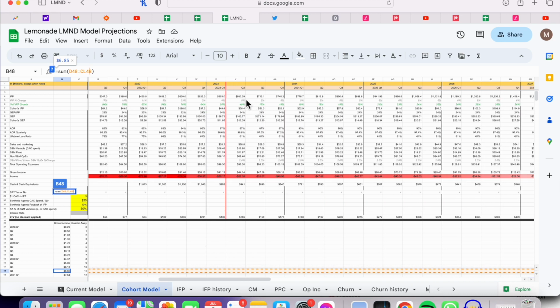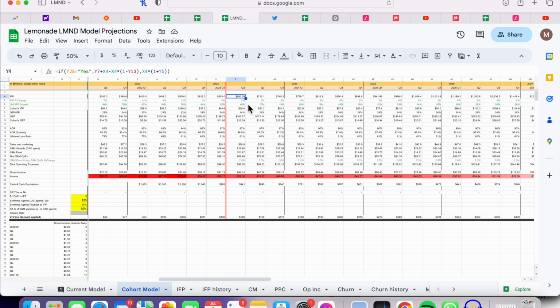Up here, above the black line at the very top, I have IFP. I have cohorts' IFP calculated, gross earned premium, and cohorts' gross earned premium, and then your annual dollar retention on a quarterly basis.